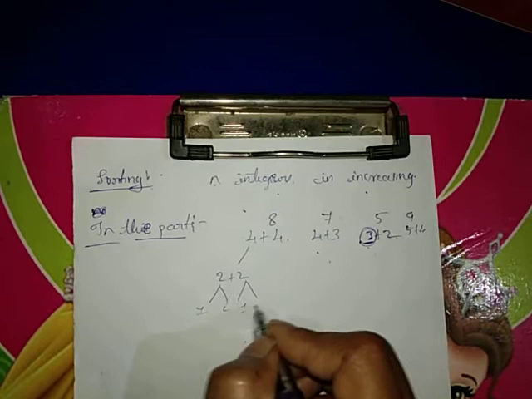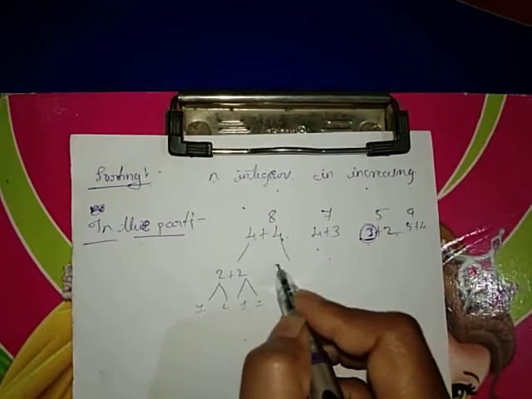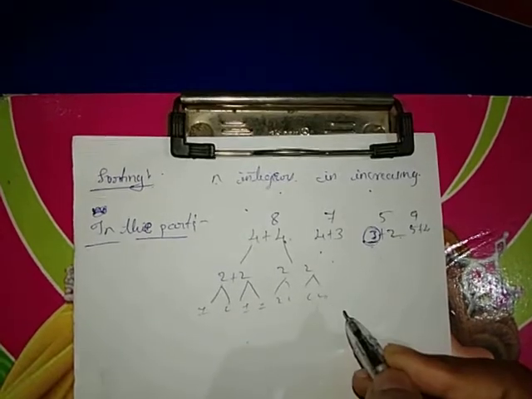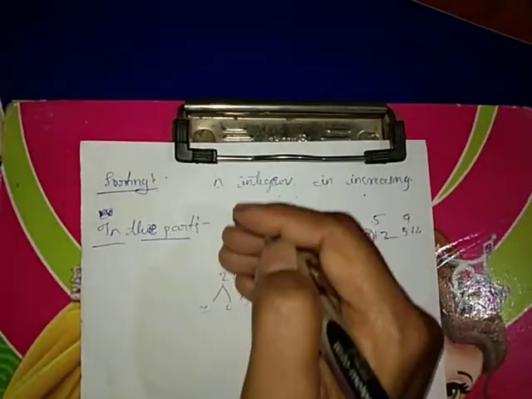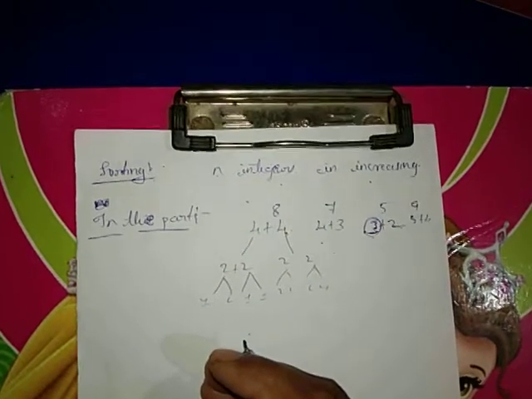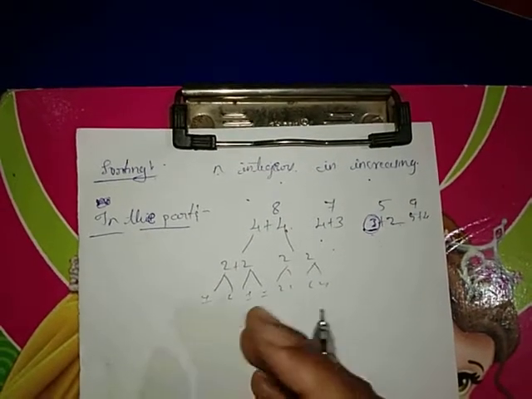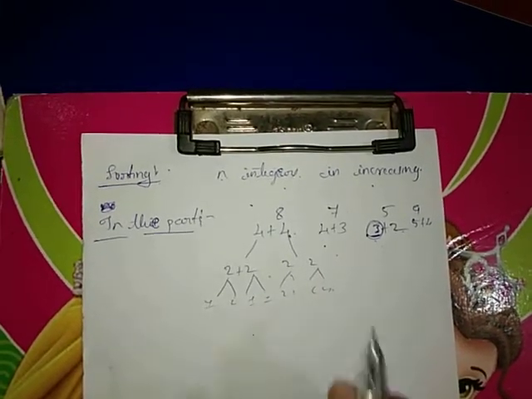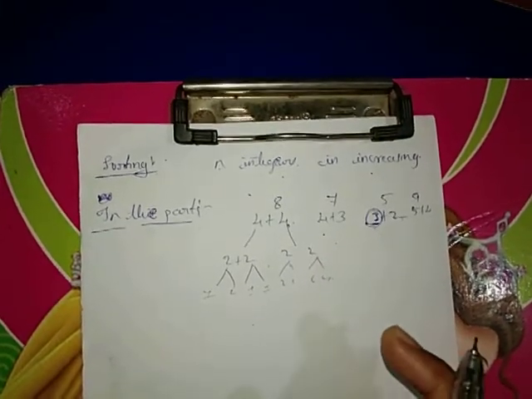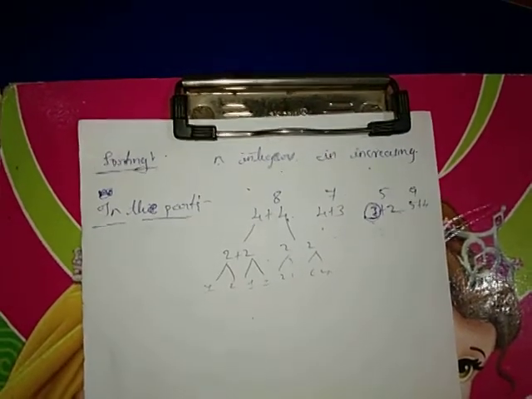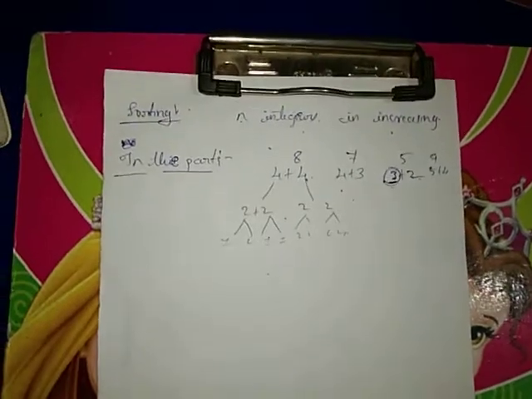Again split the other 2 as 1 and 1. Like that we have to split all the lists. Split the given list and all subsequent lists in half until each sublist contains a single element. Until that you have to split the integers.